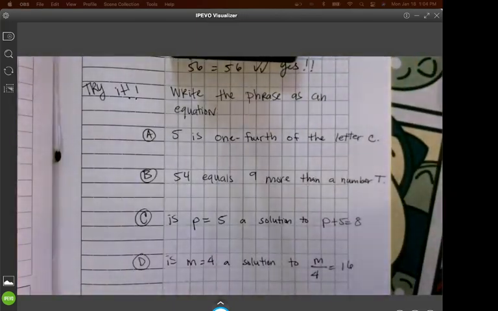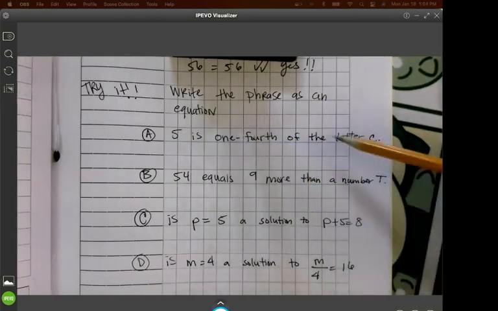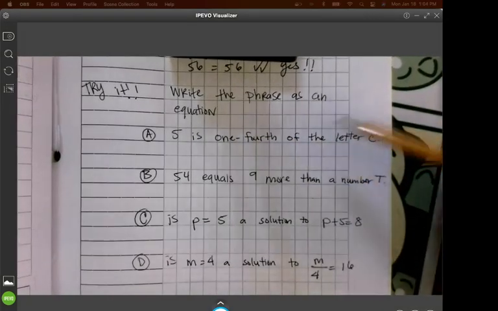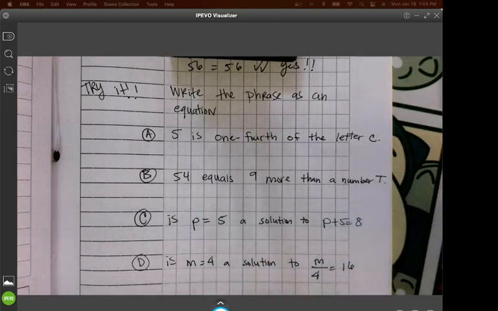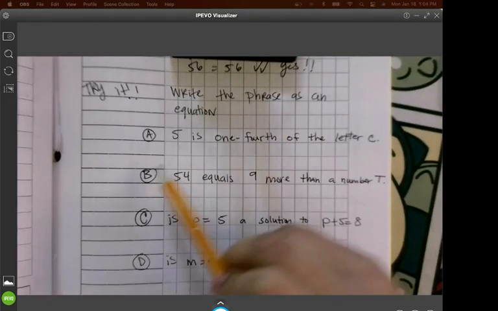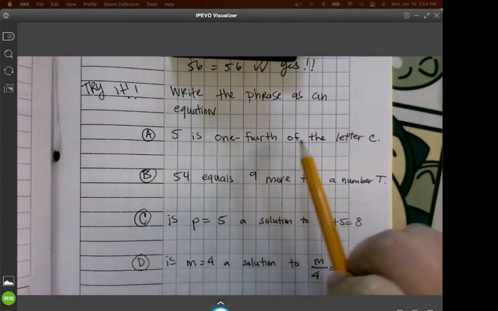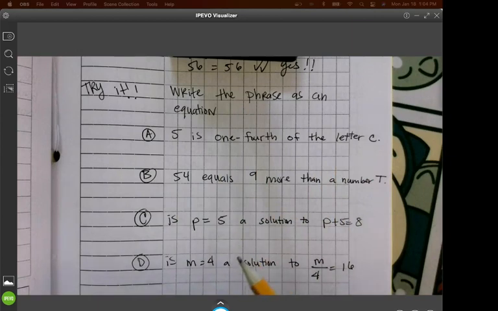Right now, I'm going to want you to try it. We have 4 try its. The first 2 write the phrase as an equation, and the second 2 are checking solutions. Okay, 5 is 1/4 of the letter C. Take a minute to pause so you can do that.